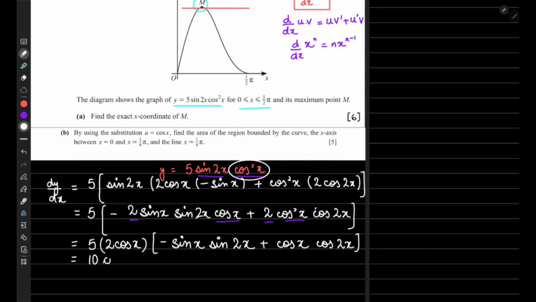Again, we can rearrange this. I'm writing the positive one first: cos x cos 2x minus sin x sin 2x.